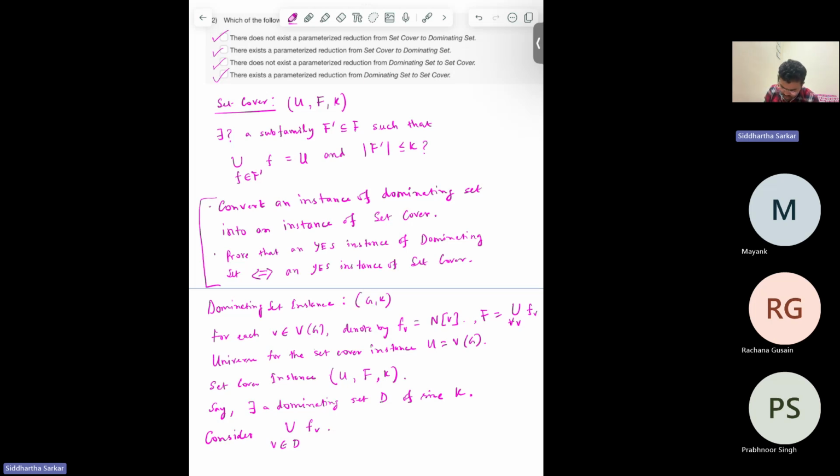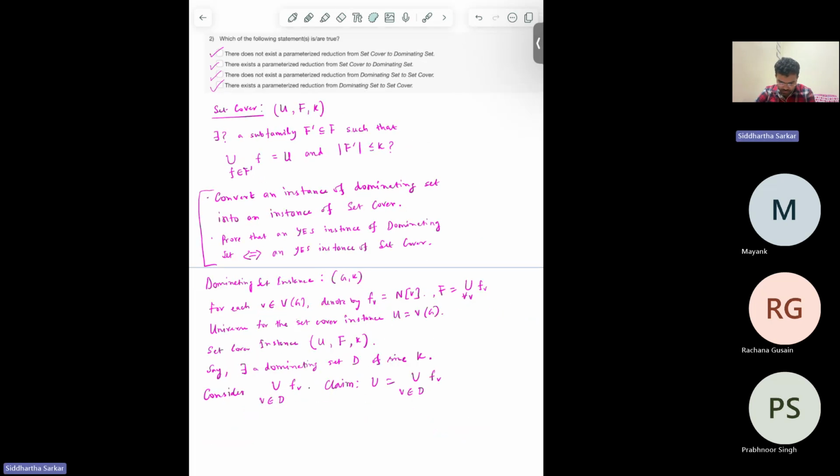The claim is that this is nothing but the universe. So the universe itself is this union of the F_v's corresponding to those vertices which are in the dominating set.